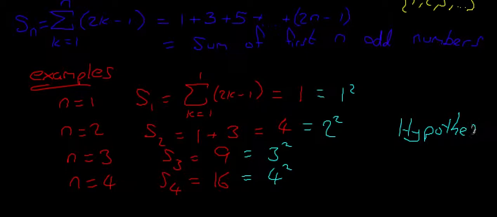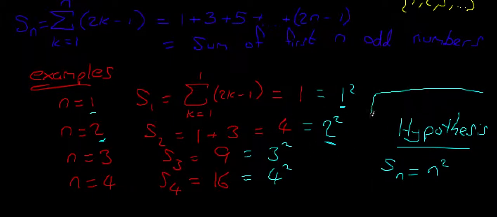So we've looked at some numerical examples, and now we've got a hypothesis. I think that maybe Sn is equal to n squared, right? Because here we have n is 1, we have S1 is equal to 1 squared. Here we have n is 2, and we have S2 is equal to 2 squared, which is 4, and this seems to be holding. So what we're going to do is work with this hypothesis and see if we can prove that it's true.